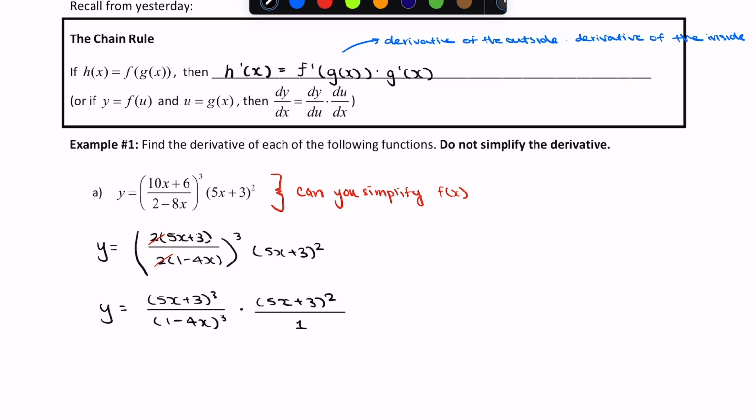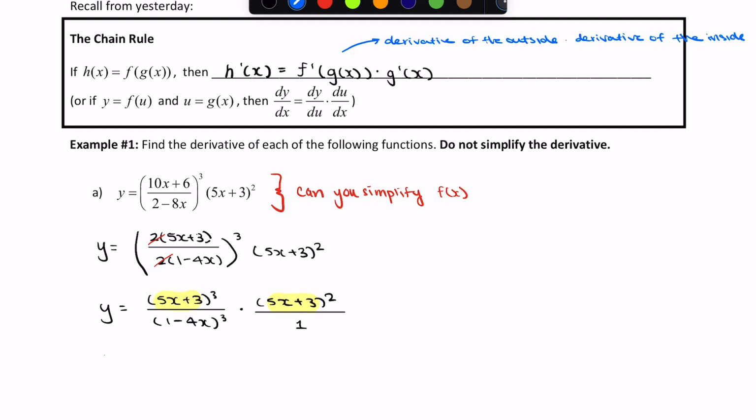And here, if we multiply together, we see that there's 5x plus 3 in both the first term and the second term. So here we have 5x plus 3 to the power 3 times 5x plus 3 to the power 2. We can just use our exponent rules here. When we multiply exponents with the same base, we can add those.